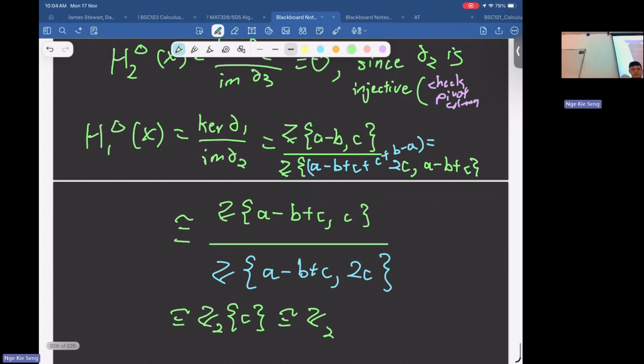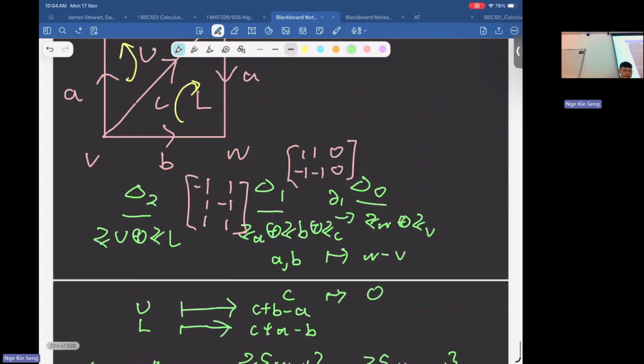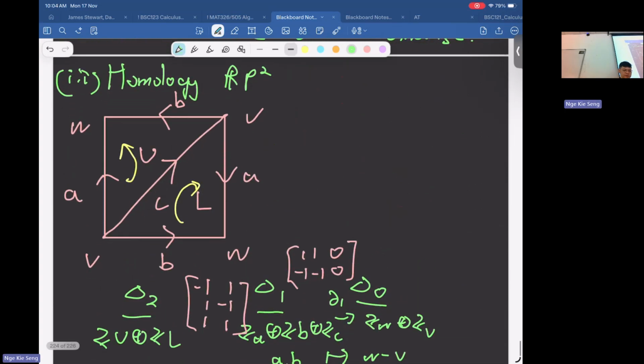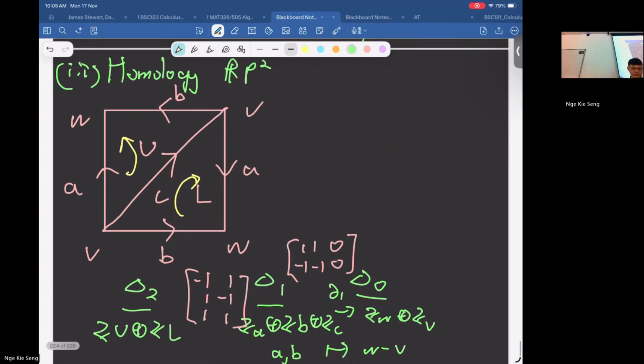Why is there a Z mod 2 popping out here? Actually, this represents the orientation on this space. Z mod 2 orientation.